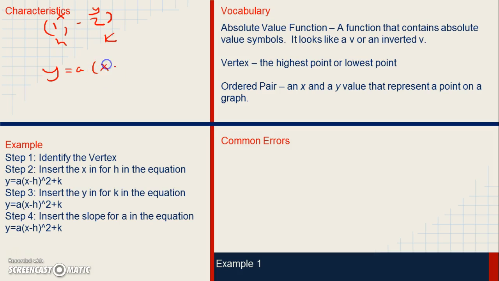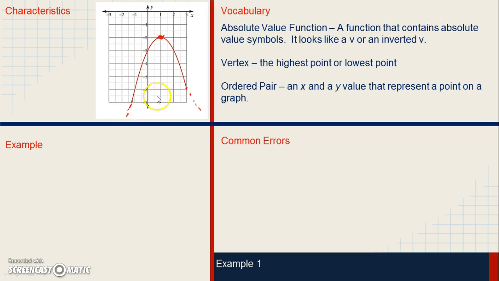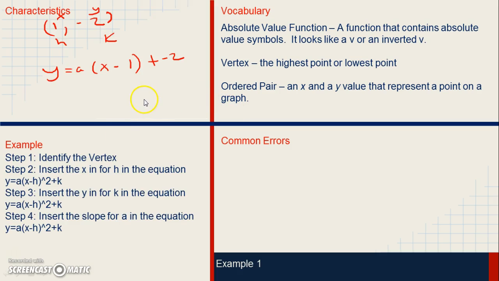So x minus 1. Step 3 is to insert the k, plus -2, which we'll simplify in a moment. And step 4 is to insert the slope. Well, if we go back and look, it's ending down, so that tells us it's a negative function, so our a is going to become a negative. So we end up with y equals negative x minus 1, I forgot the squared, plus -2.